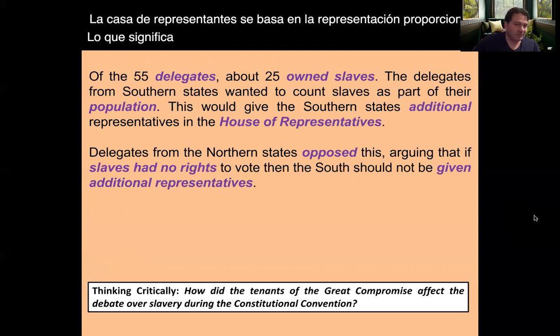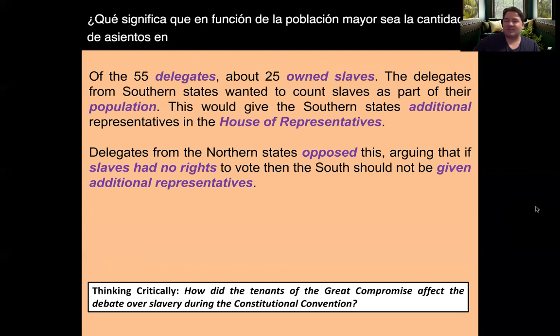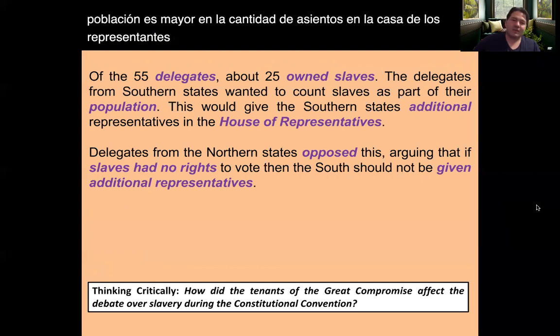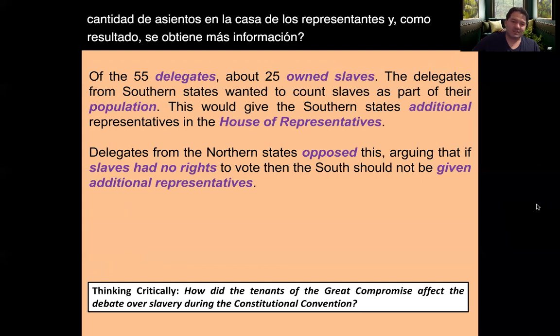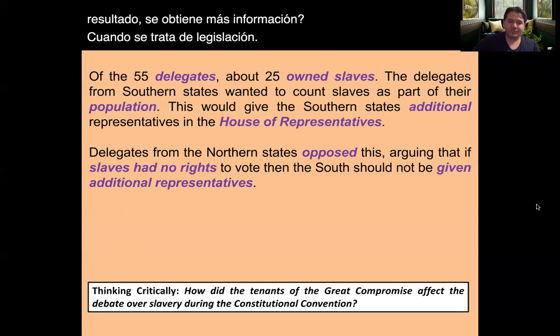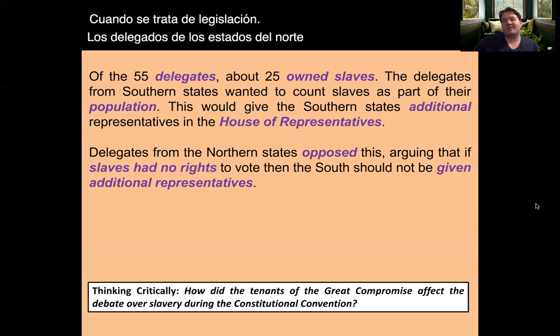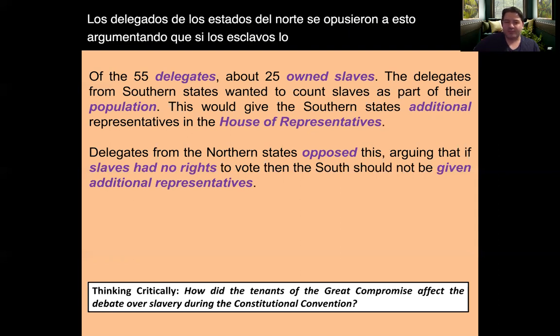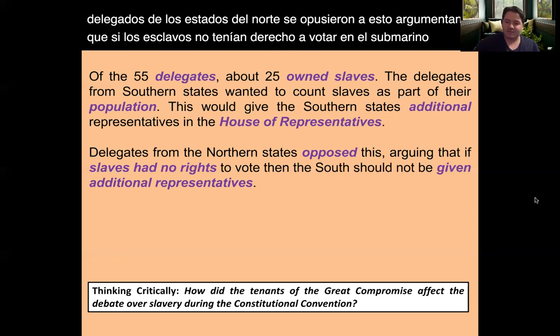The larger the population, the larger the number of seats in the House, and as a result, more of a say when it comes to legislation. Delegates from the northern states opposed this, arguing that if slaves had no rights to vote, then the South should not be given additional representatives.